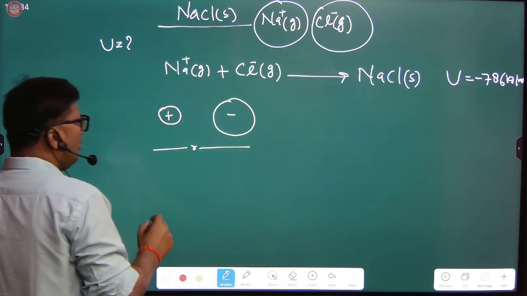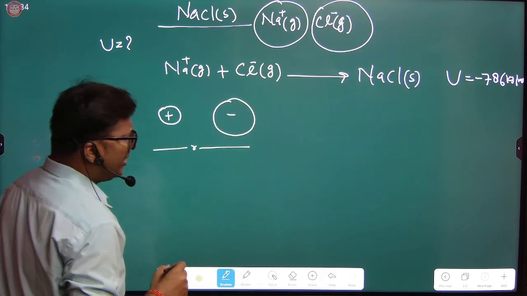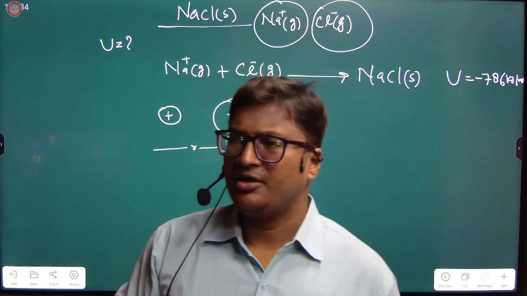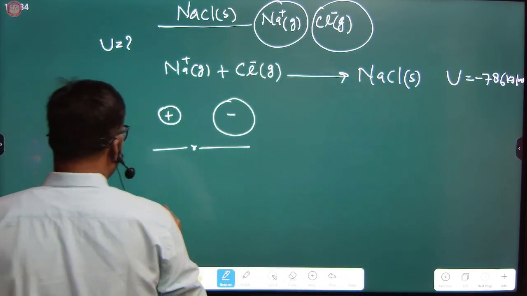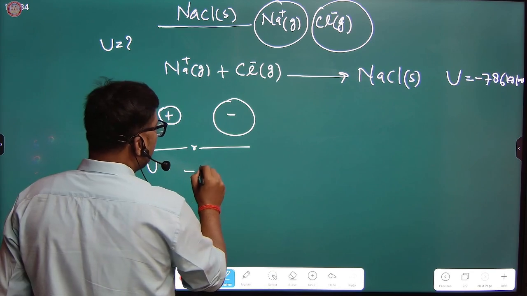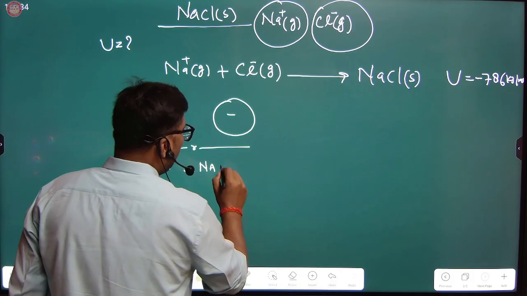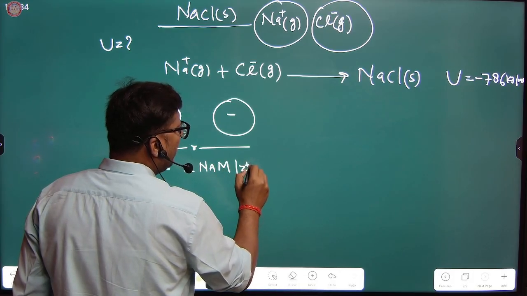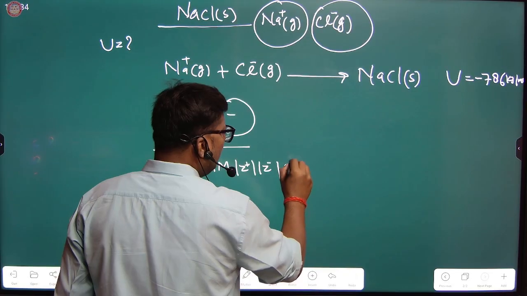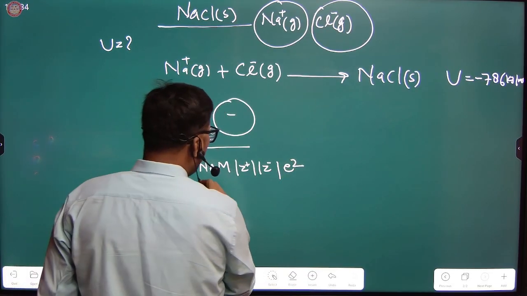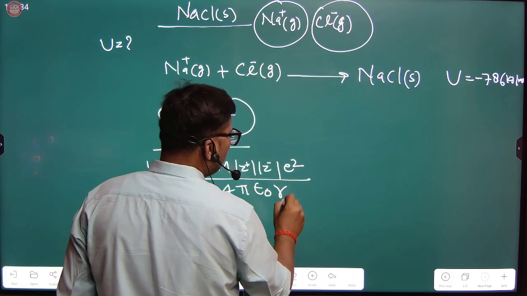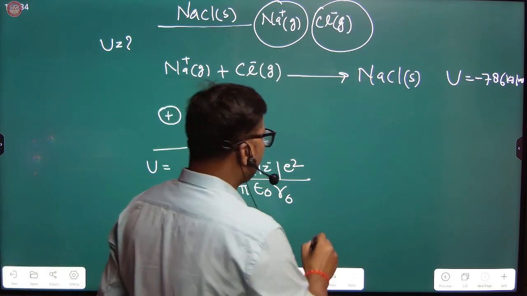The first term is the electrostatic attraction energy, which is U is equal to minus NA m Z plus Z minus e square upon 4 pi epsilon 0 R0. So this is the first term.